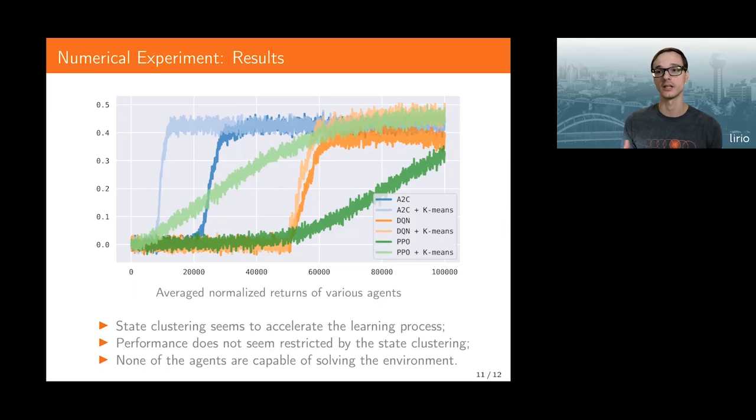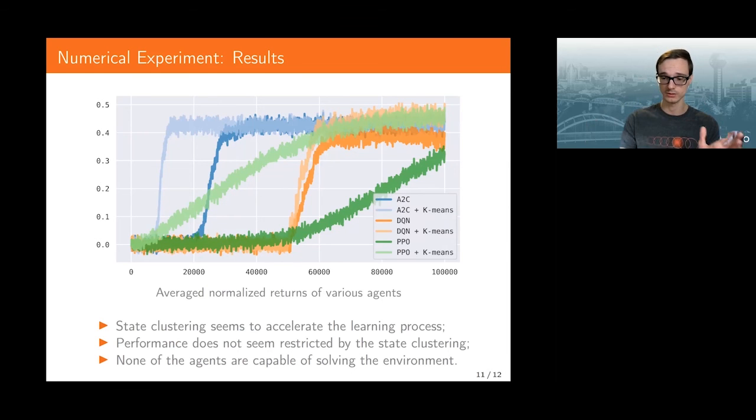And so what that tells us is that these conventional algorithms that people use in reinforcement learning might not be expressive enough to capture this intricate structure of the reward signal in these complex personalization tasks. And even if you do state space clustering and lose a lot of information this way, it still doesn't really matter, because apparently the conventional full reinforcement learning approach is not capable of capturing this information in the first place.